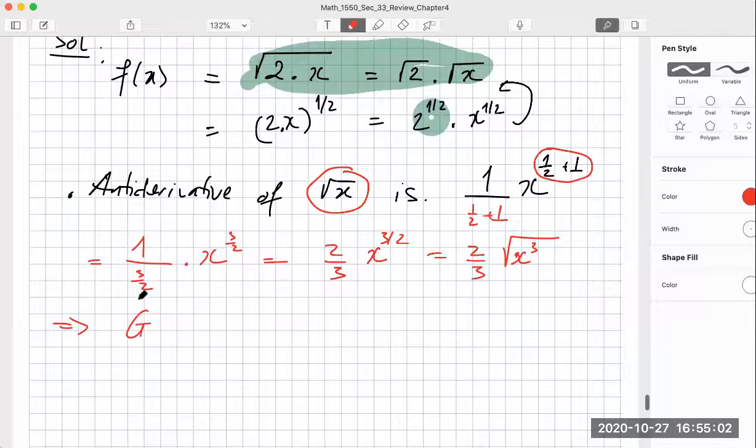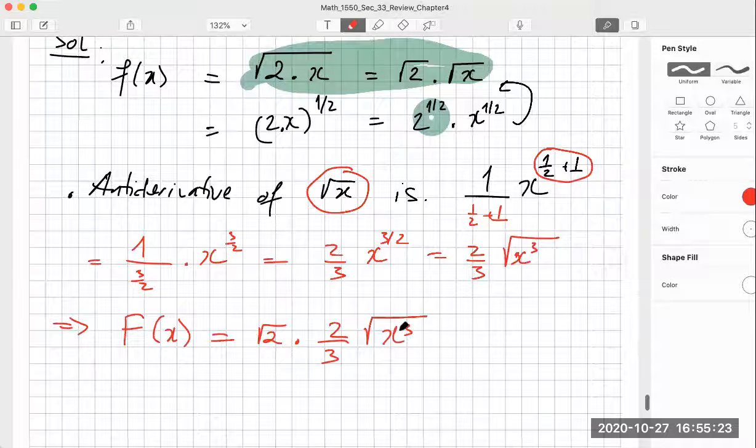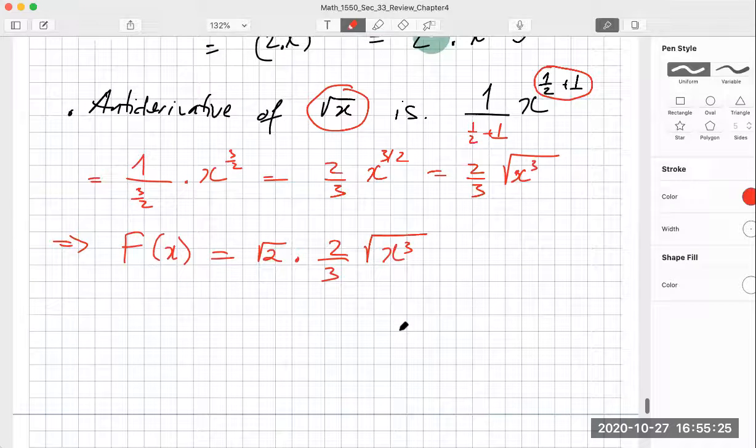So this is the antiderivative of square root of x. Therefore, the antiderivative of f here will be capital F, right? And the square root of 2 does not affect this. And the antiderivative of square root of x is 2 over 3 square root of x cubed, right? And that's it.